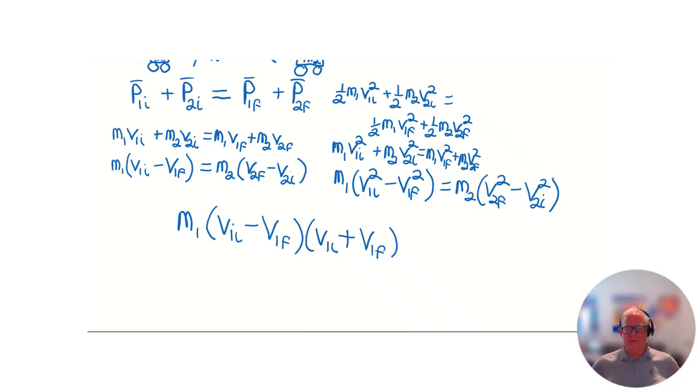And on the right-hand side, it becomes M2 times, same idea, V2 final minus V2 initial times V2 final plus V2 initial.